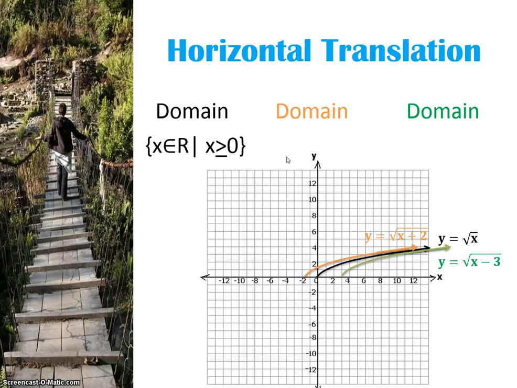Since it's moving left and right, it's going to affect the horizontal component, which means the domain is going to change. So the domain for the orange is now x values starting from -2 and onwards, so x has to be greater than or equal to -2. And the domain for the green starts from 3 and onwards, so x has to be greater than or equal to 3.